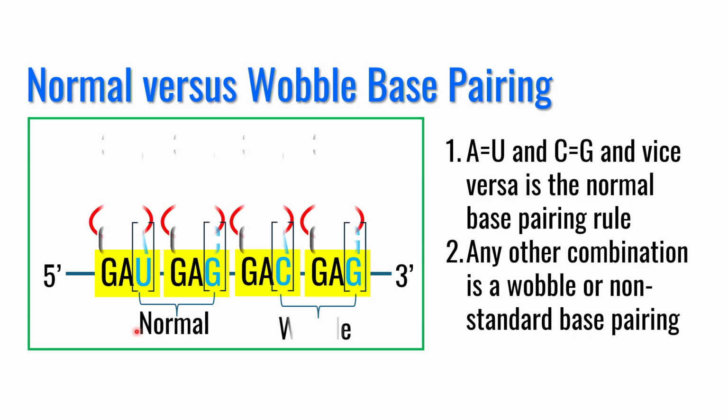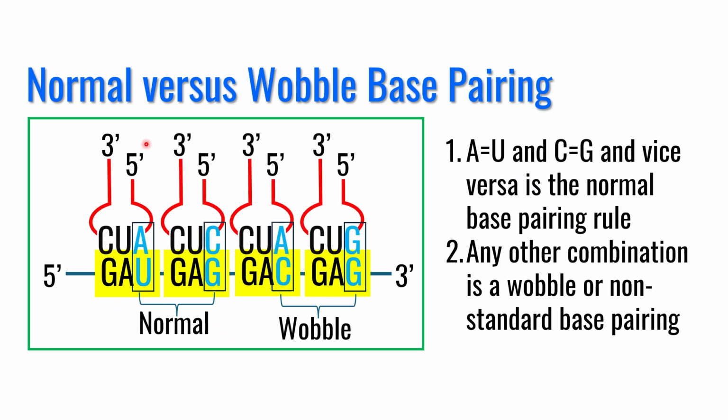They are read by tRNA. The first two tRNAs are binding or reading perfectly according to the base pairing rule, A with U, C with G. However, in the last two cases, these last two tRNAs, they are not following the rules. A is going with C, G is going with G. This is a violation. This is wobble base pairing or non-standard base pairing.